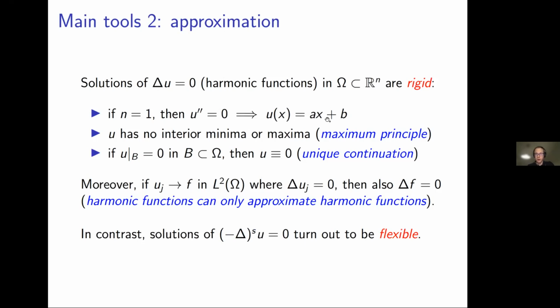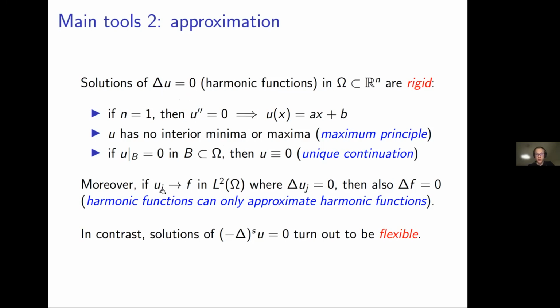So these are the only harmonic functions in 1D. You also have the maximum principle that a harmonic function cannot have any interior minimum or maximum. And also the unique continuation principle has to hold. So these are constraints that you have for solutions of the Laplace equation.